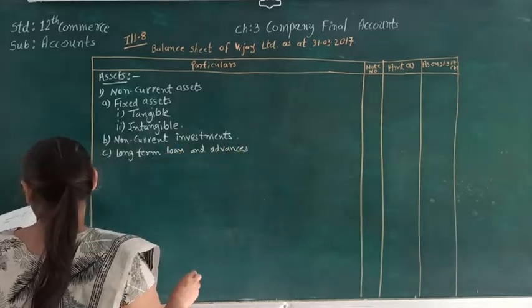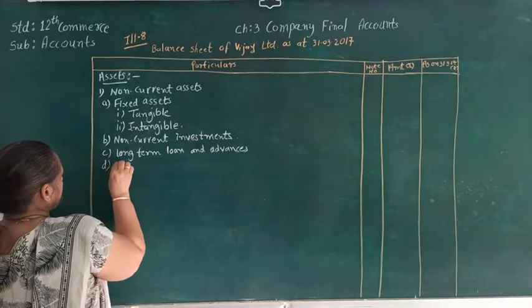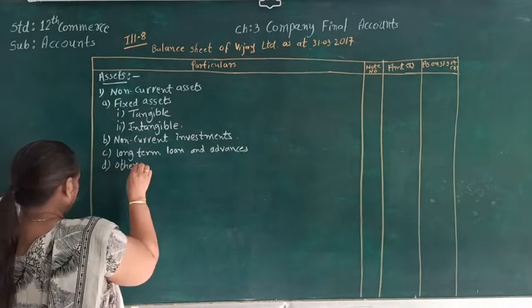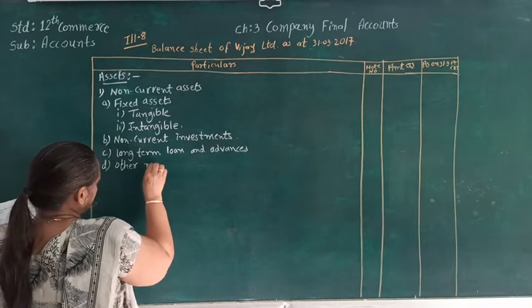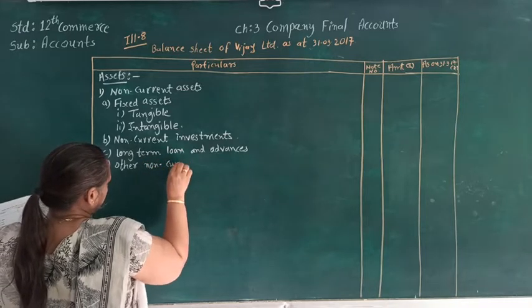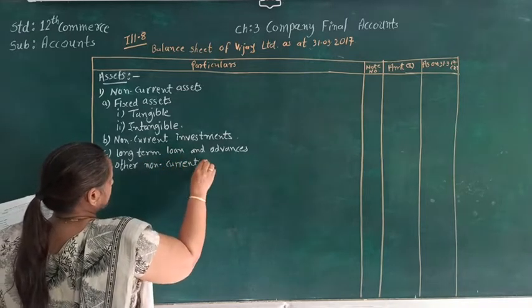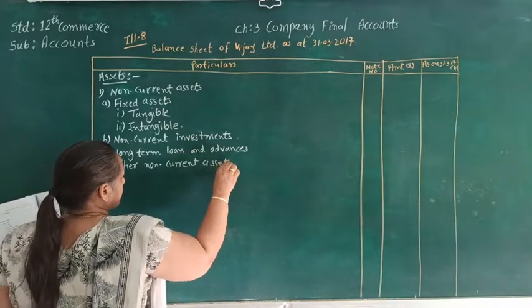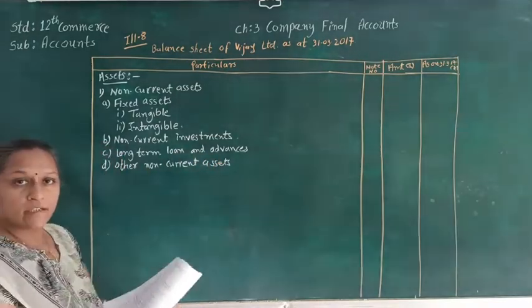Then the fourth one is other non-current asset. So this is the first head, that is non-current asset.